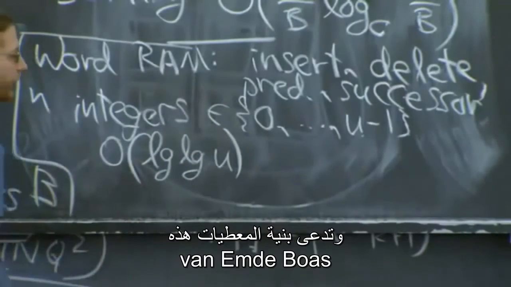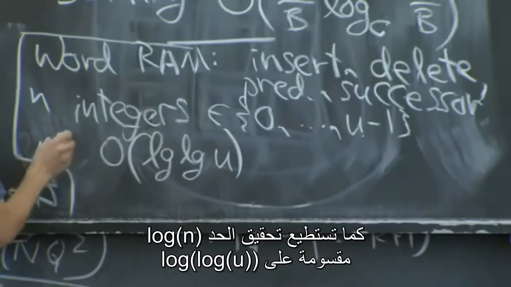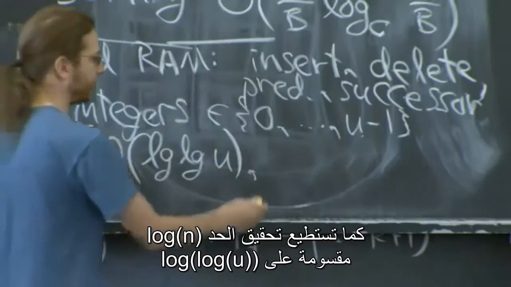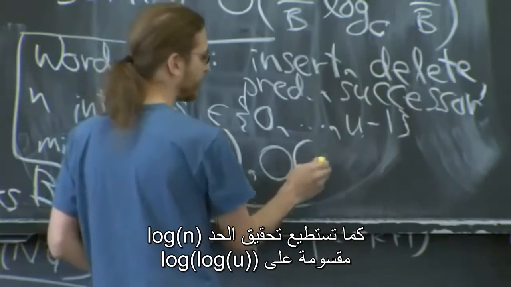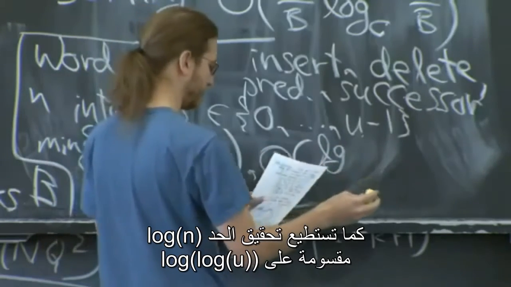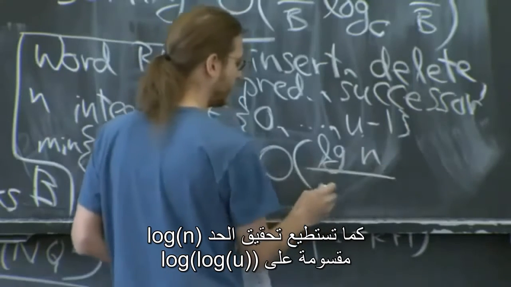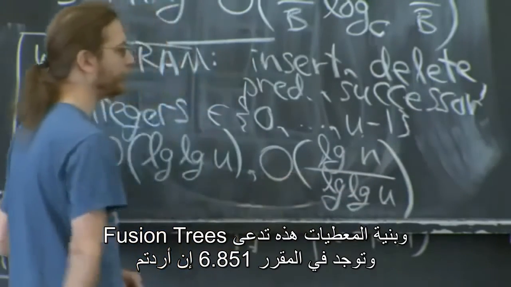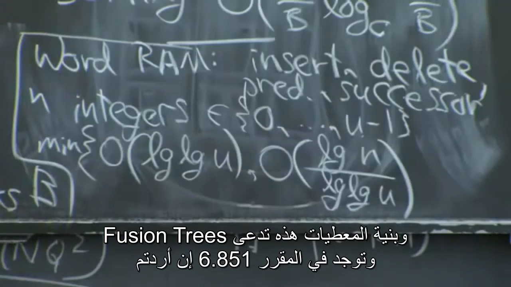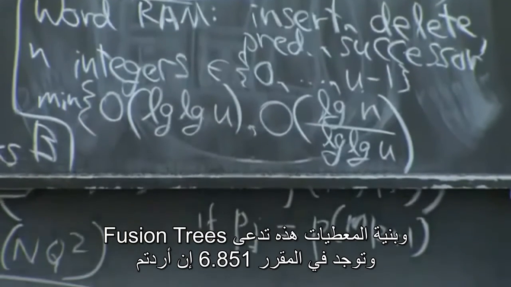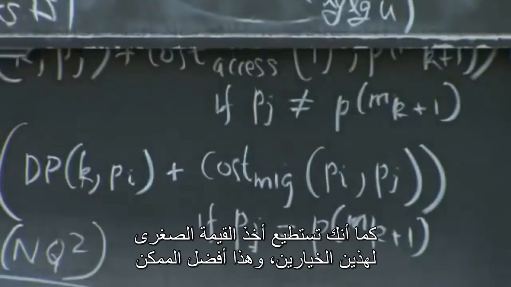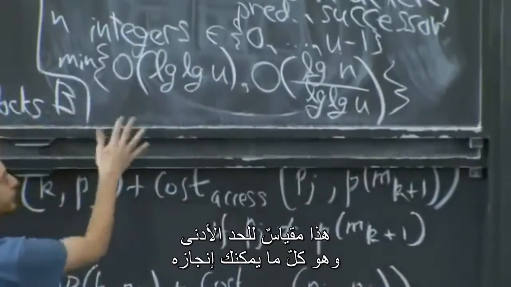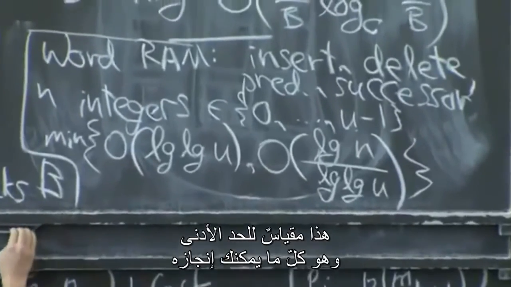This is a data structure called van Emde Boas, and it's in CLRS if you're interested. You can also do log n divided by log u. This is a data structure called fusion trees, an advanced data structure, 6.851 if you're interested. And you can take the min of those two. That's essentially the best possible. There's a matching lower bound; that's all you can achieve.